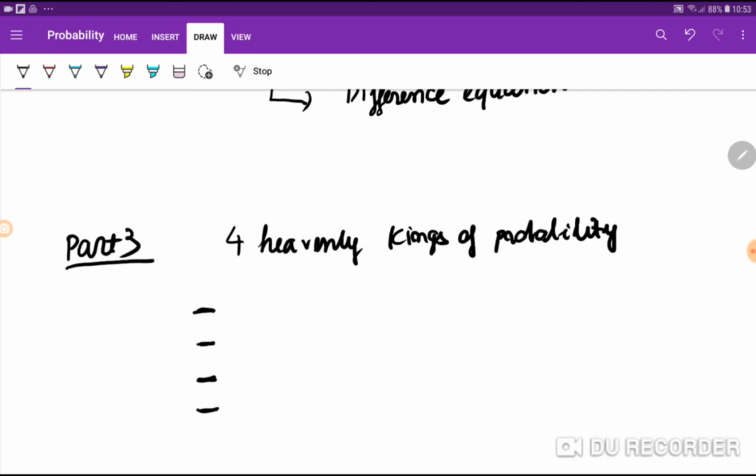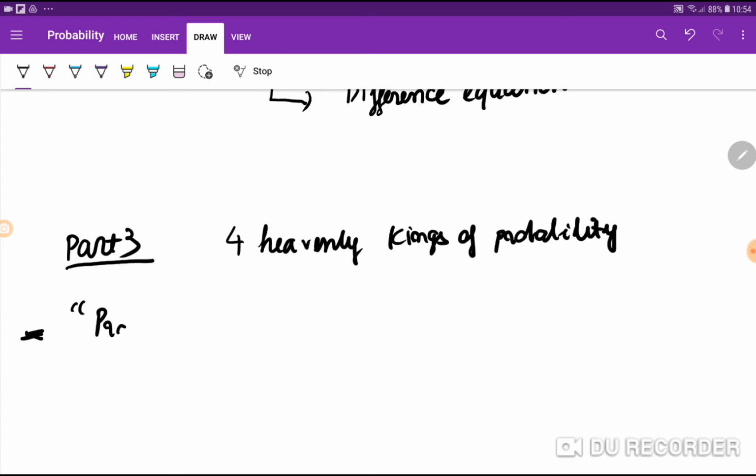So the four heavenly kings of probability are, okay, I'm not going to start from the top, I'm going to start right here because the list is kind of long. What do you have? At first, you have probability measure.